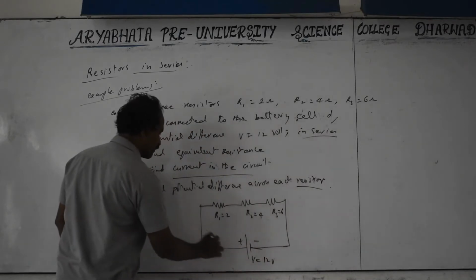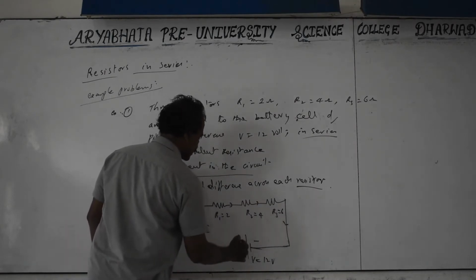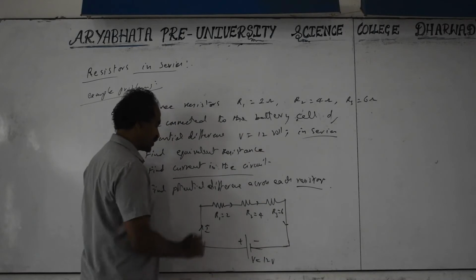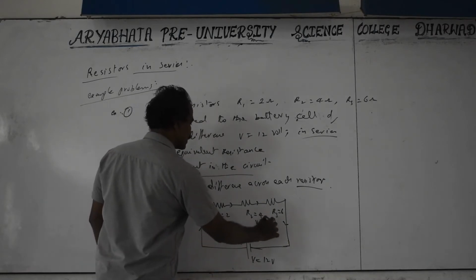Current is flowing from plus to minus. Current I is the same. Potential difference across R1 is V1, across R2 is V2, and across R3 is V3.